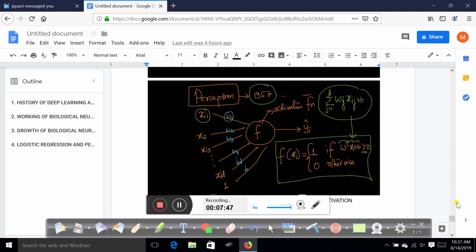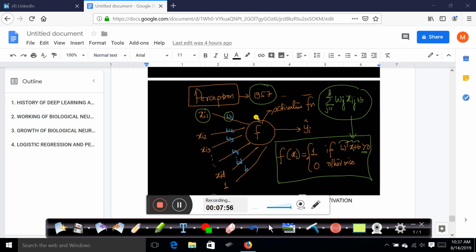Now let us see the perceptron model. The perceptron model is one of the most simplified versions of a neural network. It was introduced in the year 1957. It is similar to logistic regression. The only difference is in the activation function.